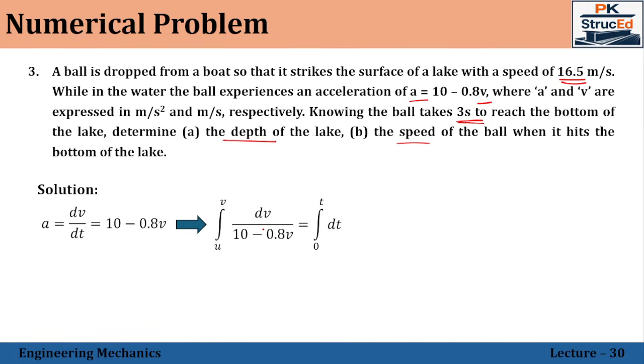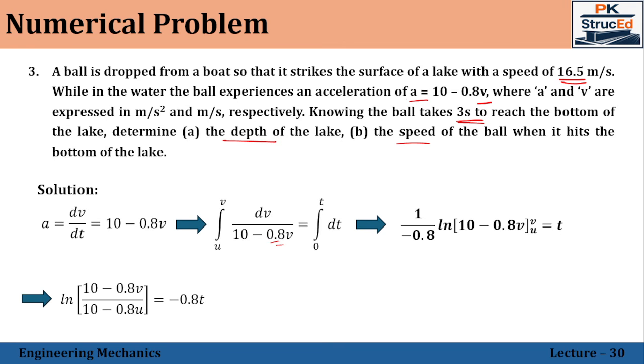On integrating, we will have 1 by minus 0.8 into ln of 10 minus 0.8 v with the limits u to v, which will be equal to t. Substituting the limits, we will have ln of 10 minus 0.8 v divided by 10 minus 0.8 u, which will be equal to, taking the minus 0.8 to the other side, minus 0.8 t.